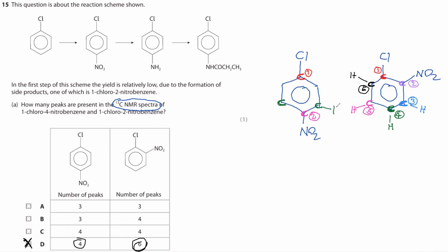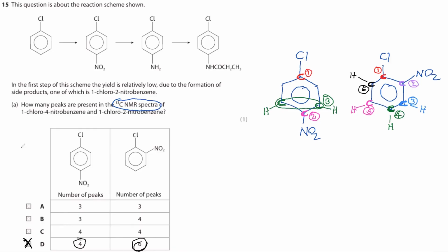Because this carbon atom is attached to hydrogen, one side is the CNO2 group, the other side is CH, CCl. This carbon atom also, one side is the CNO2 group, the other side is CH, CCl. That means both of them are in the same environment. So that's my third carbon environment.